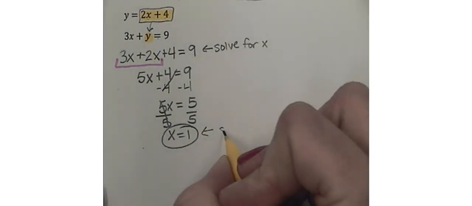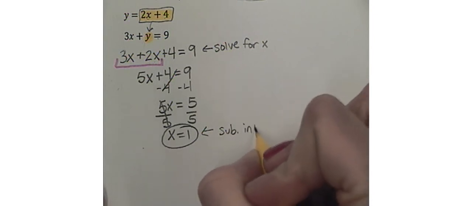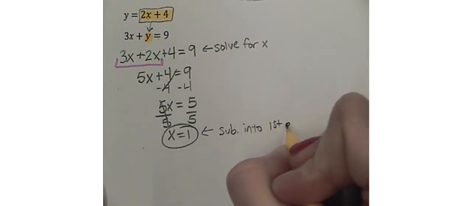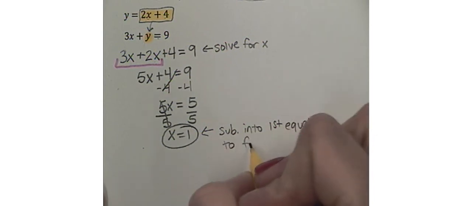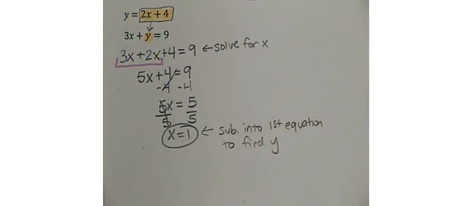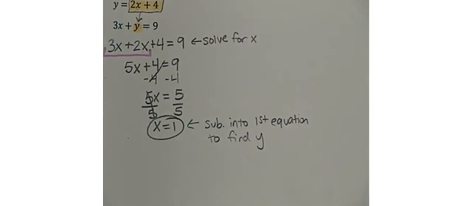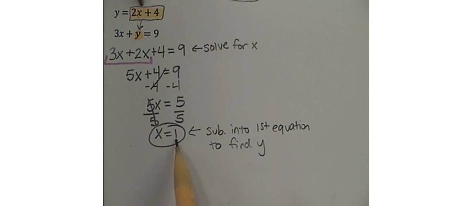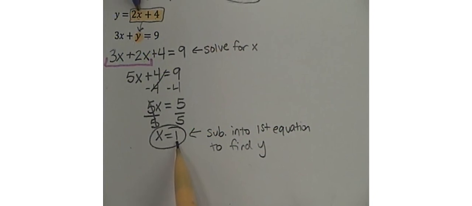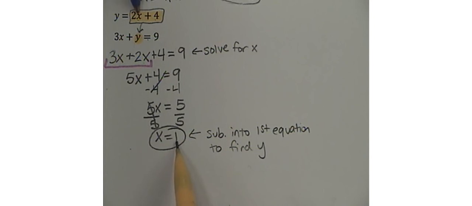So I'm going to substitute this into my first equation to find out what y is. So this 1 is going to go right here for x. So this x is going to come out and sit on the bench. This 1 is its sub or its replacement.